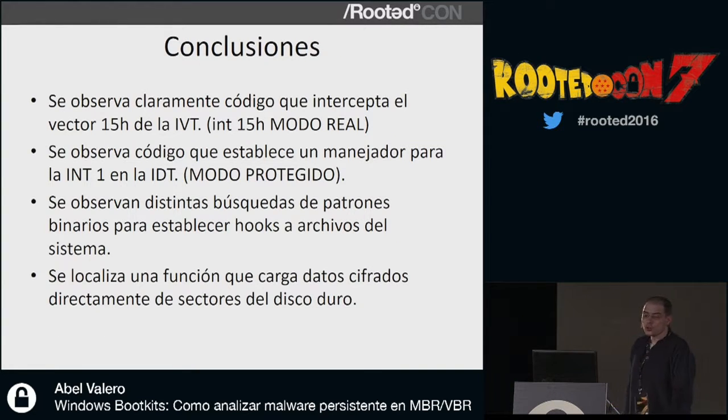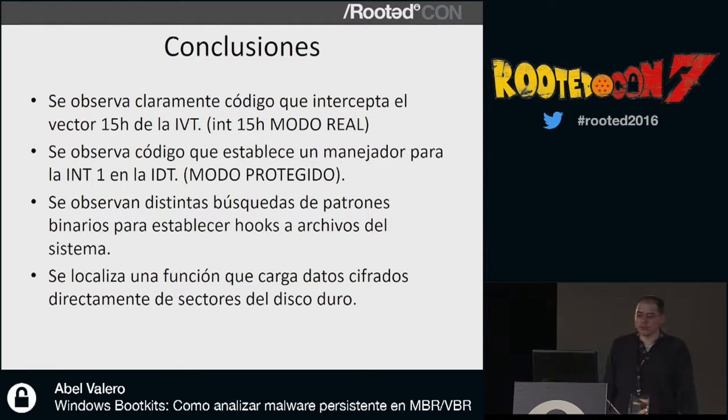After checking all this code, I draw the conclusion that this code is altering vector 15 of the IVT, managing the interruptions in the system. When we are in real mode, when we're initializing the system, there are certain interruptions used by the system to verify the bootup.